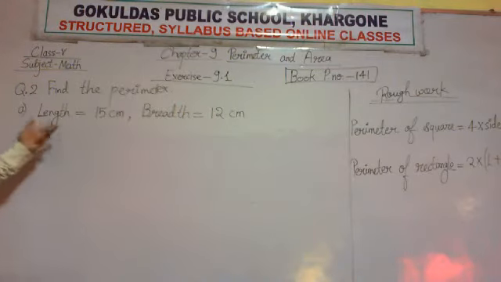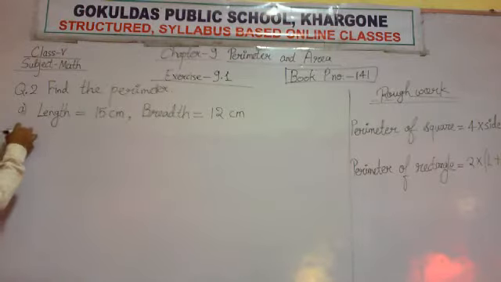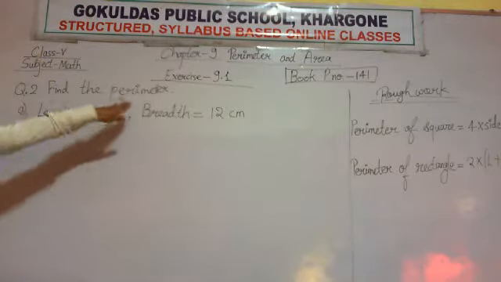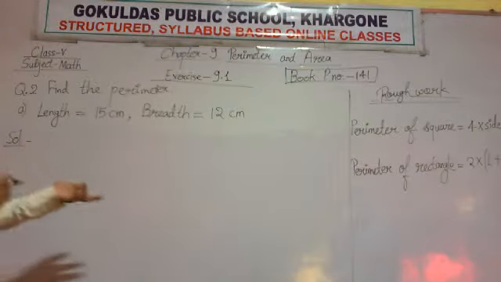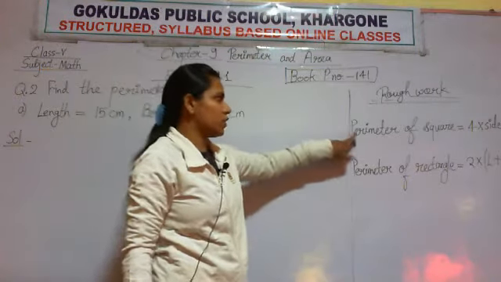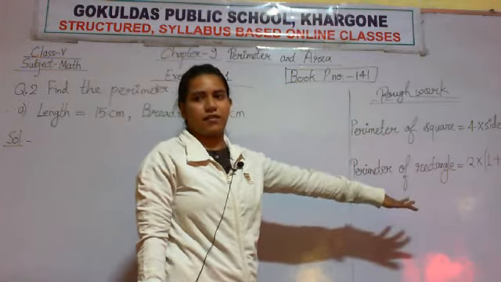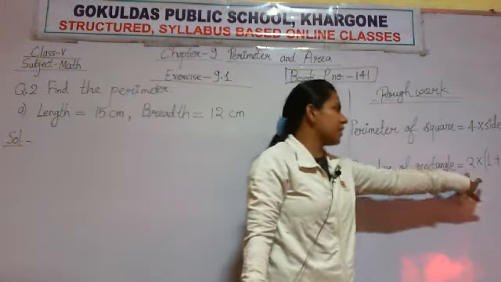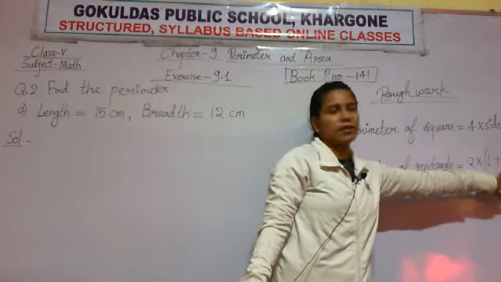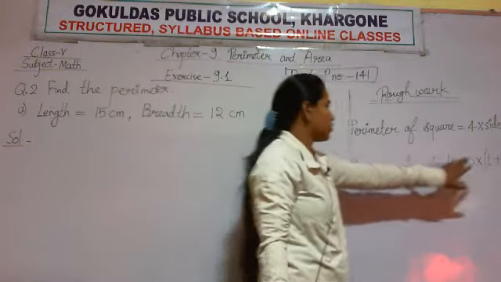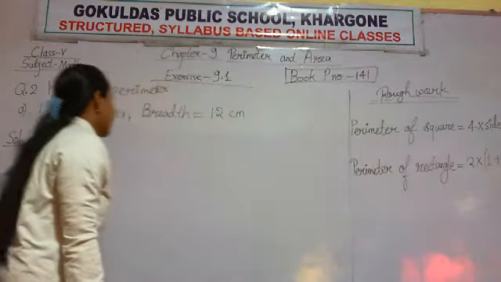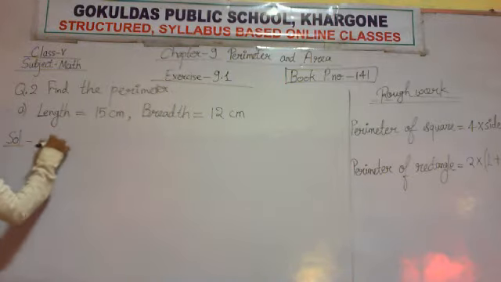Now look at your question, length and breadth are given, right? And you want to find the perimeter. So which formula will you use out of these two? Perimeter of a square or perimeter of rectangle? As we observe, in perimeter of rectangle length and breadth are there, right? So we will use this formula to find the perimeter.